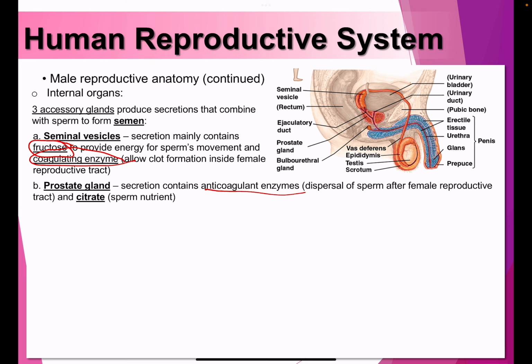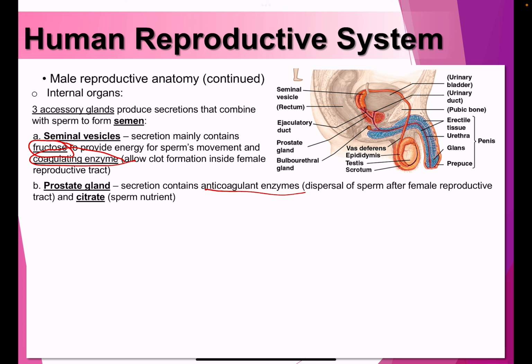Once they're inside the tract in the right location, they need to start swimming. So this anticoagulant enzyme dissolves the clot and allows the sperm to be dispersed into their swimming mode. And hopefully they make it all the way up to the oviduct, or fallopian tube, or uterine tube, three names for that area of the female reproductive tract, and reach their final egg destination.